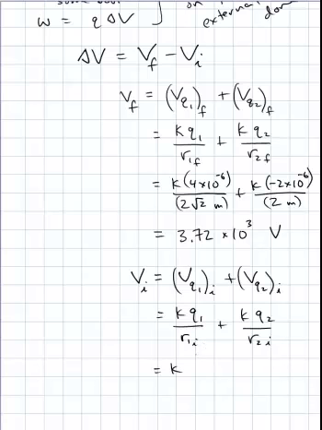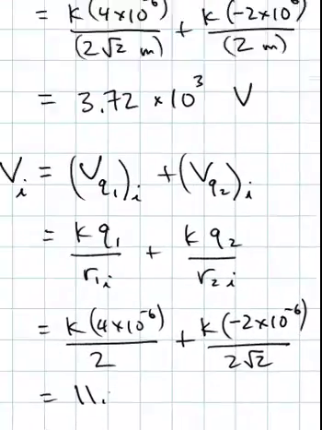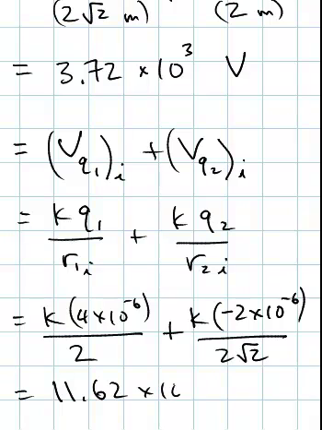And what do we have? We've got 4 times 10 to the minus 6 as our charge, and we have 2 meters as our distance, and the other charge is negative 2 times 10 to the minus 6, and it's 2 times the square root of 2. So I get 11.62 times 10 cubed volts, so 11.6 kilovolts.